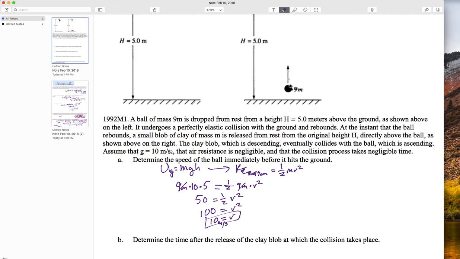And I guess now we want to know the time after release of the clay blob at which the collision takes place. So we're looking at an elastic collision that occurs when the ball and the clay are at the same height.